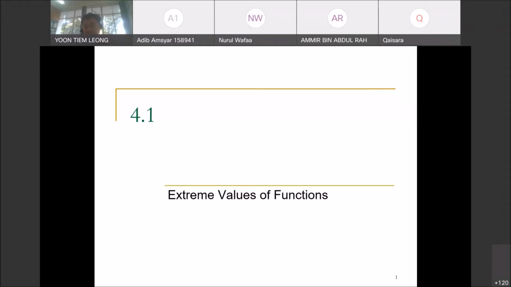Other than that, there will also be local maximum and local minimum. Local maximum is the largest number around its vicinity. So we are going to talk about these largest and smallest numbers.